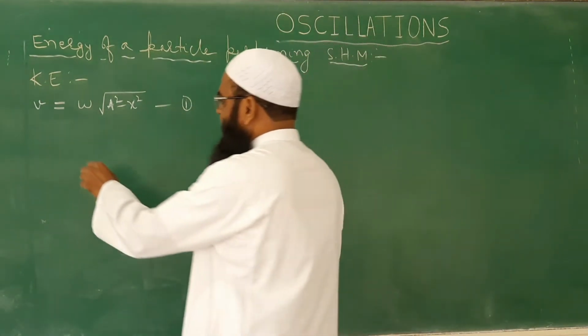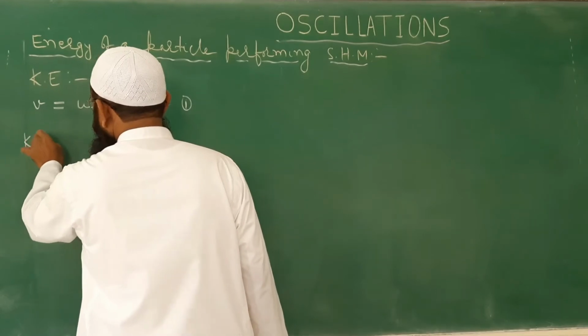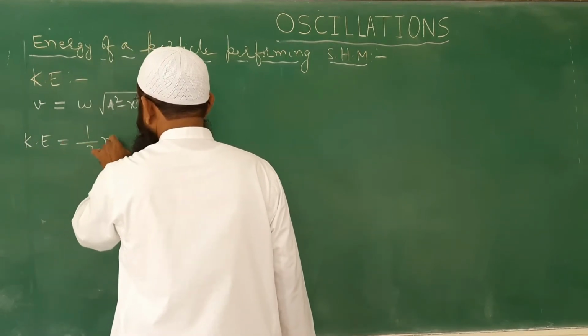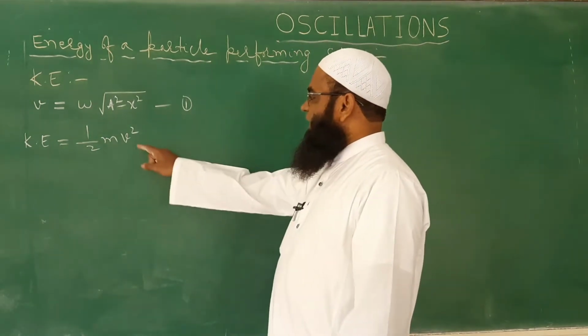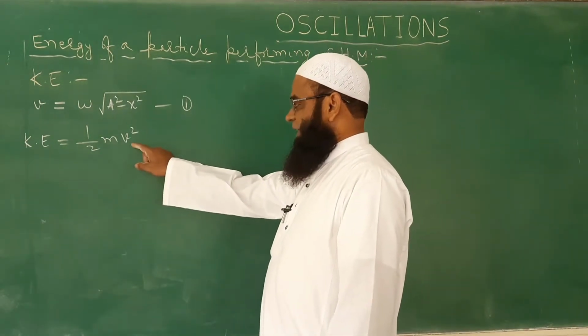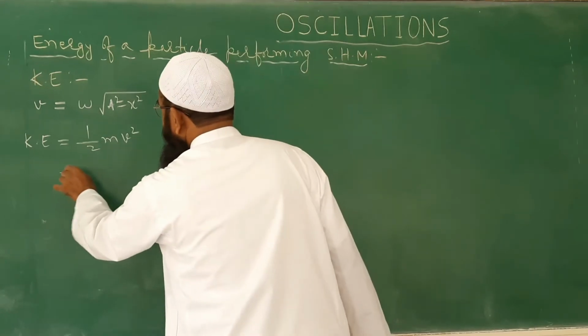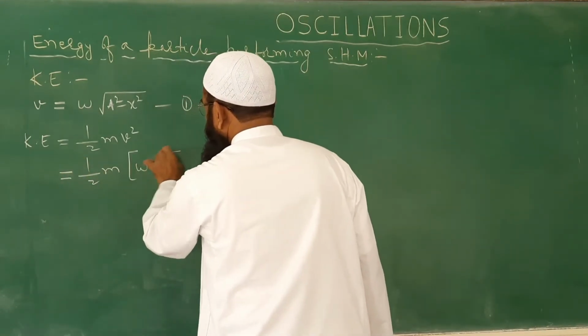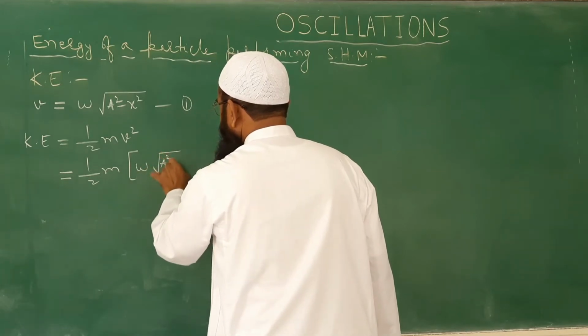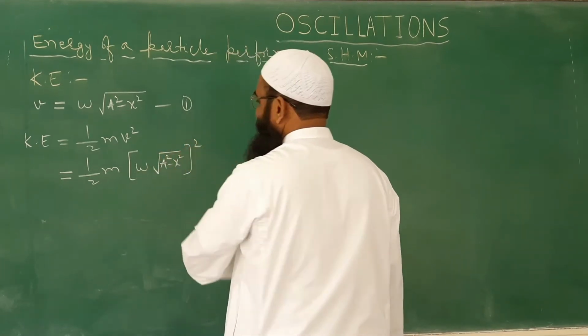As we know, kinetic energy is simply half m v square. So if we substitute the value of v from equation 1 in this equation, then it will become half m, omega square root of a square minus x square, whole bracket squared.